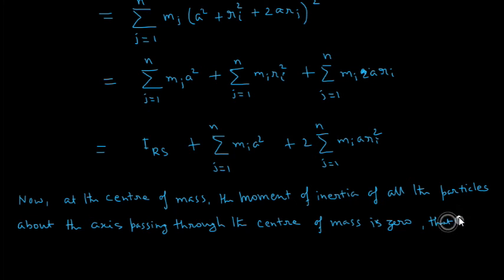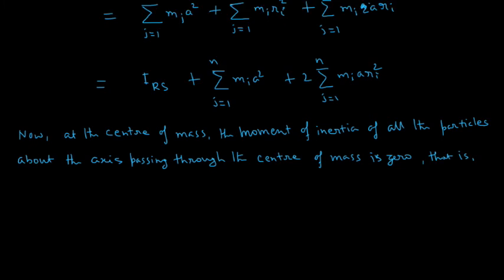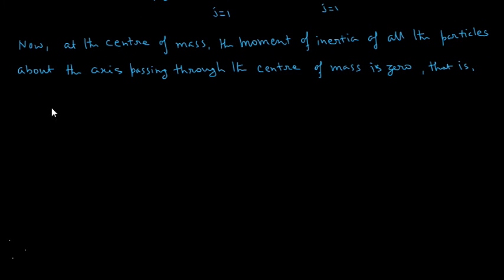That is, 2 sigma i equal to 1 and mi a ri is equal to 0.